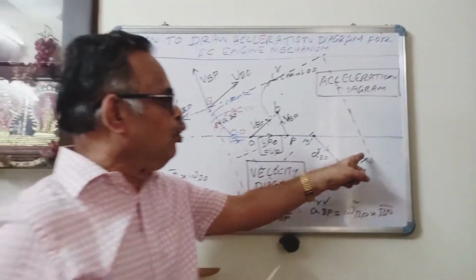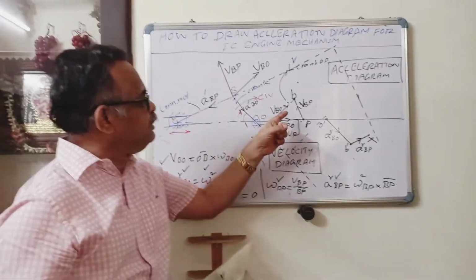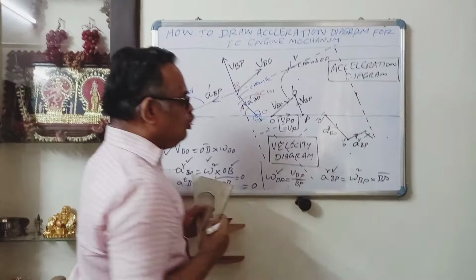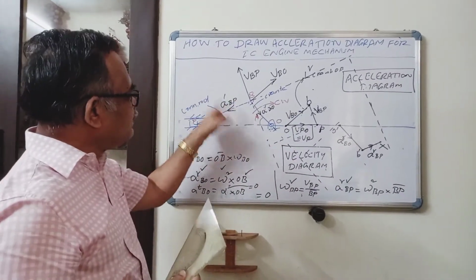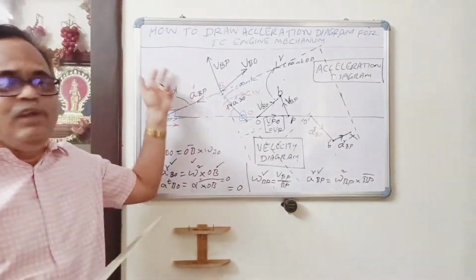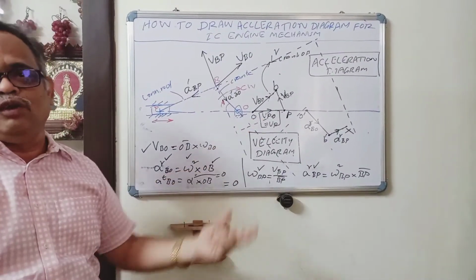And still you don't know the tangential acceleration, and it is not that easy to find out the tangential acceleration, because we are now only drawing the acceleration diagram. How will we know the tangential acceleration of BP? We do not know, right?